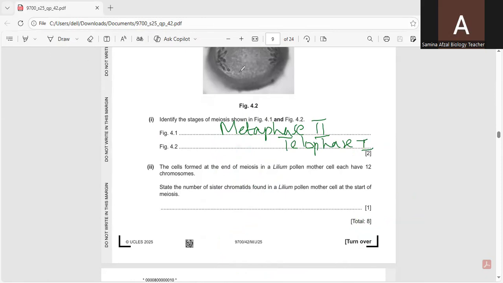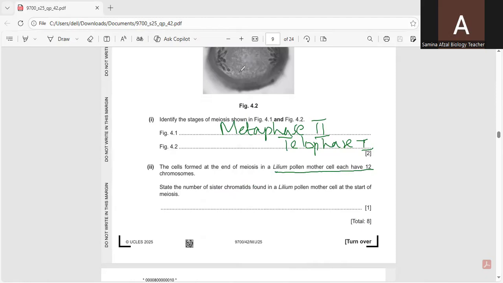The cells formed at the end of meiosis in Lilium pollen mother cells each have 12 chromosomes.